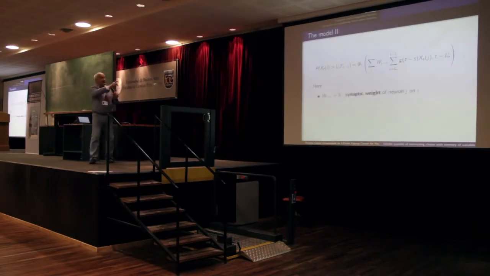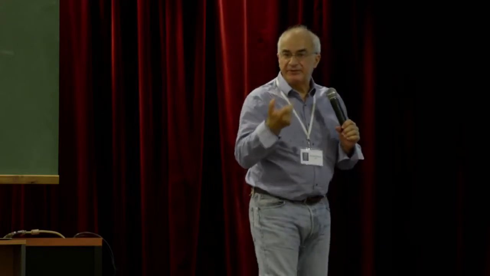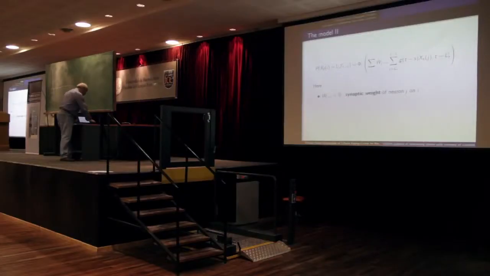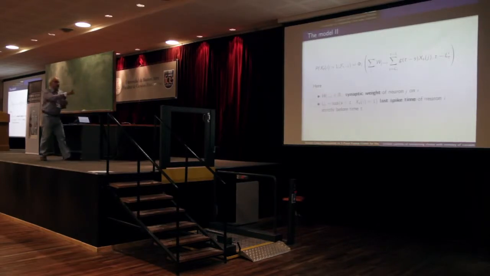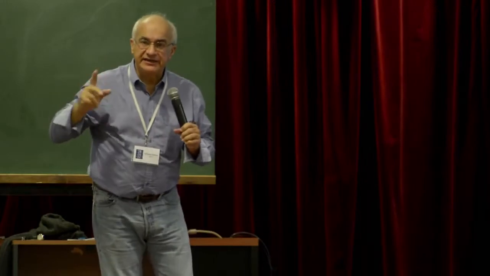So W_{j to i} is the intensity, the synaptic weight of the interaction of j to i. It's a real number. L_i(t), so you see in the sum here, you count how many spikes you had after the last spike. L_i(t) is the last spiking time.